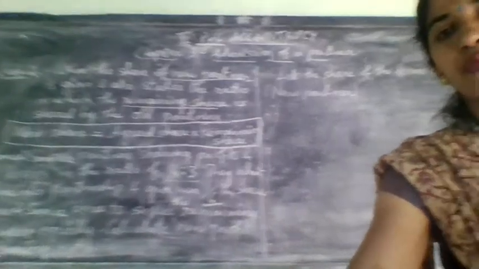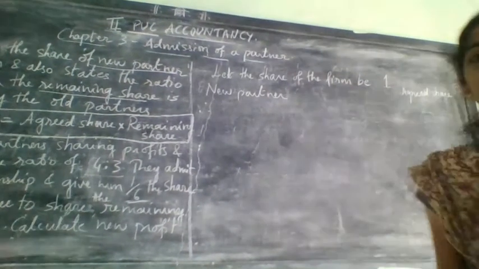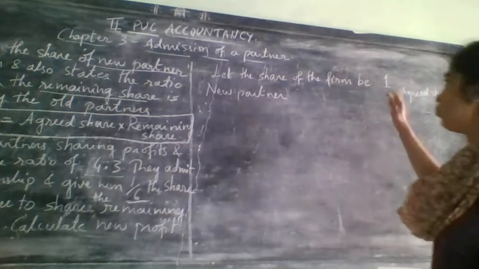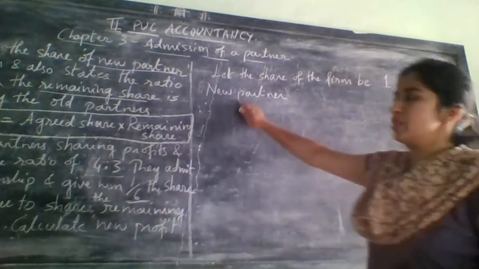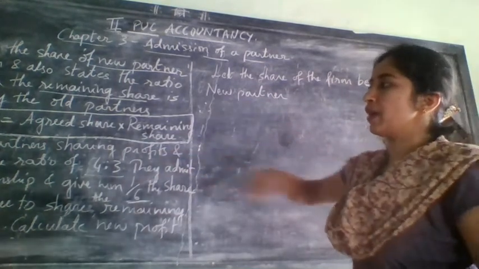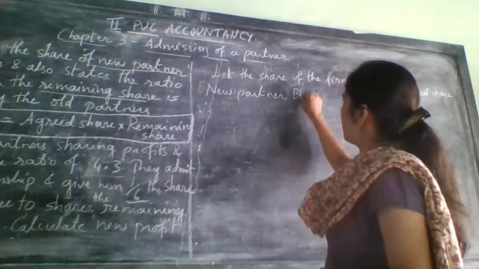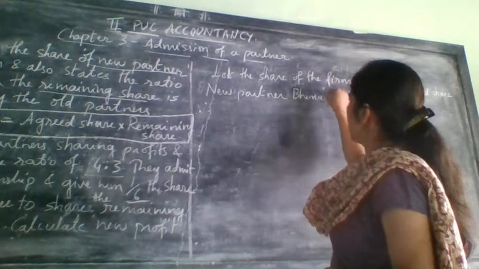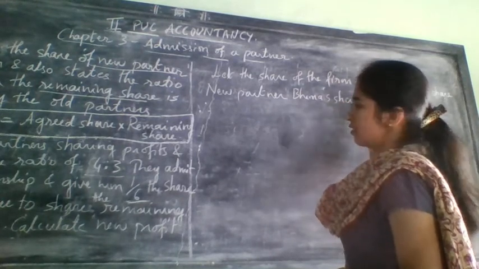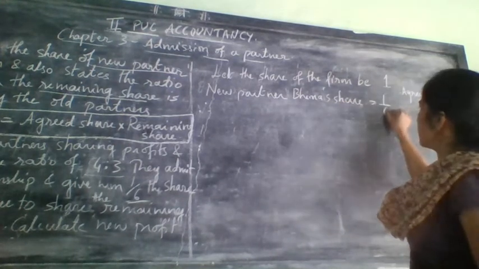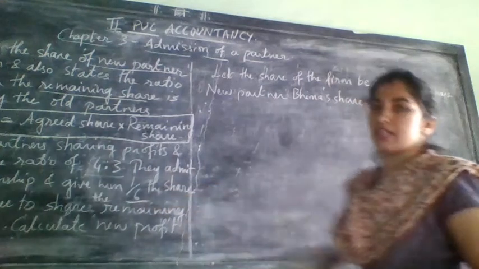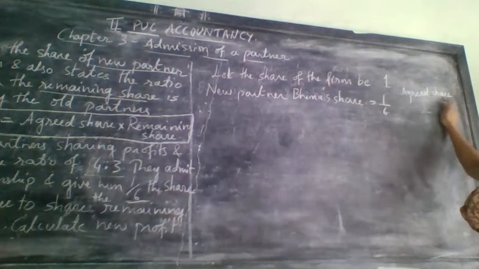First step, we need to write here, let the share of the firm be 1. After that, who is the new partner now? The new partner is Bhima. So write here new partner Bhima's share. How much is it? It is 1/6. Now, agreed share.